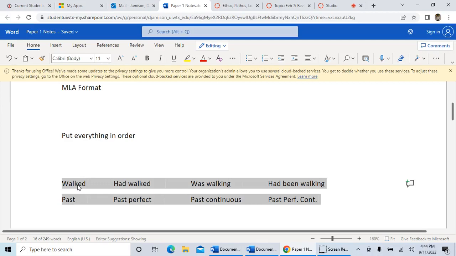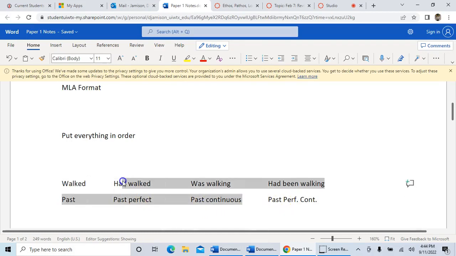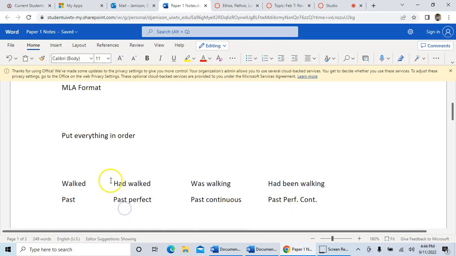Occasionally, you might go into past perfect or past continuous, which are these two. A lot of times people mix up past tense and past perfect tense and just start putting had in front of everything. But if you put had, what that means is it's something that happened before the story. If you say, I had been, let's see, what's an example?